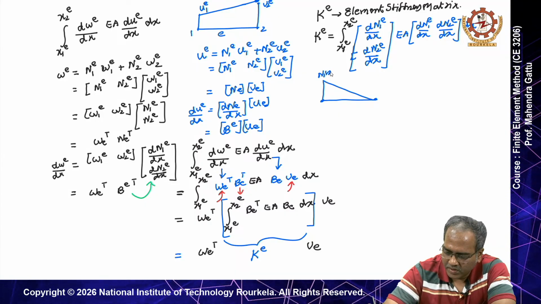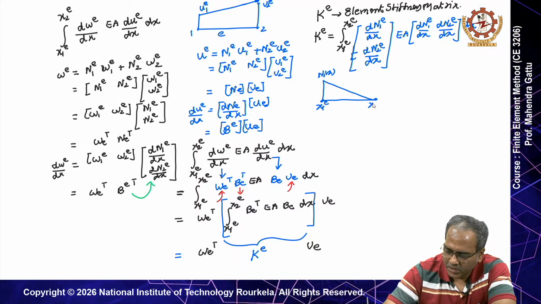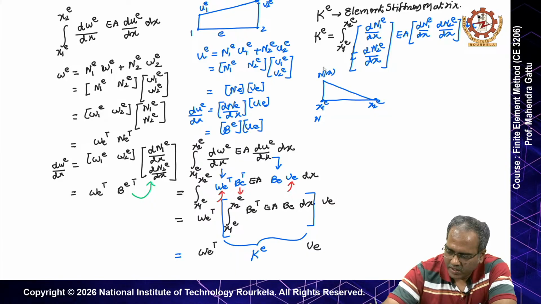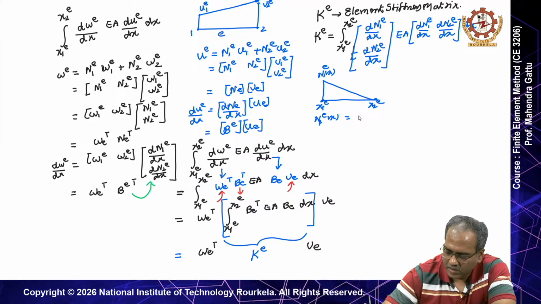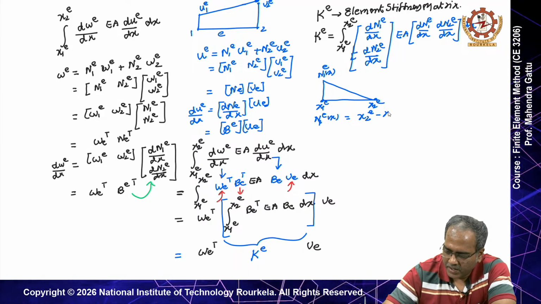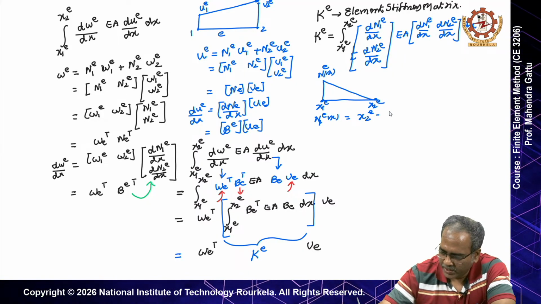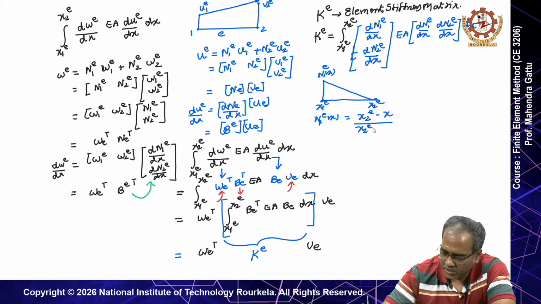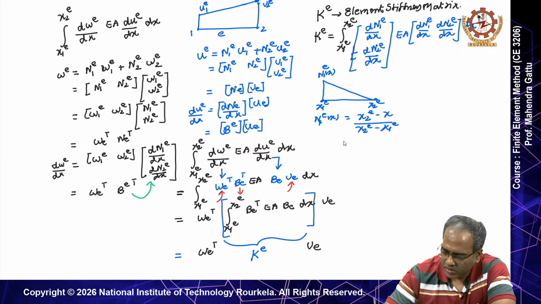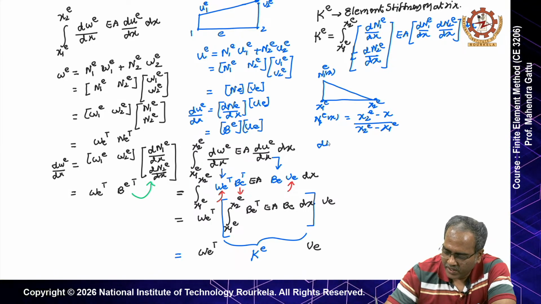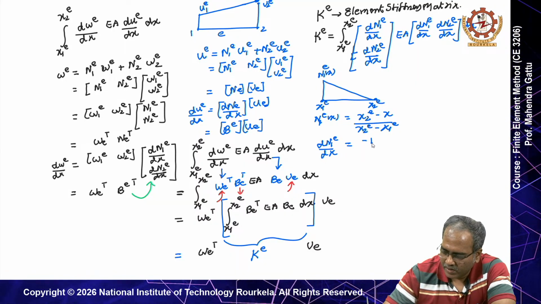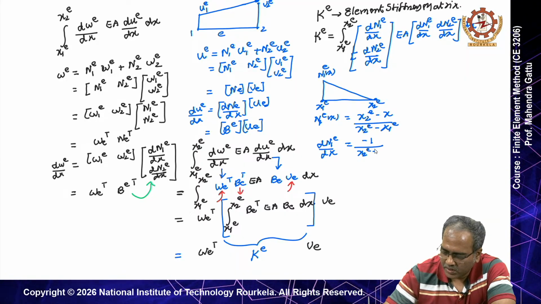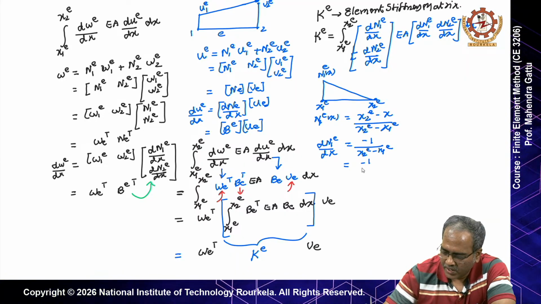This is N1 of x between x1e and x2e. So, N1e of x is (x2e minus x) by (x2e minus x1e), okay, and dN1e by dx will be minus 1 by (x2e minus x1e), which is minus 1 by Le.